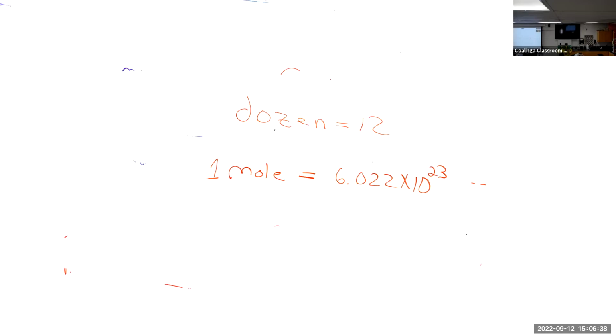If I tell you I have 1 mole of girlfriends, how many girlfriends do I have? 6.022 times 10 to the 23rd. If I have 1 mole of boyfriends, how many boyfriends do I have? 6.0.